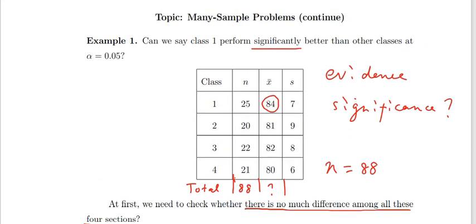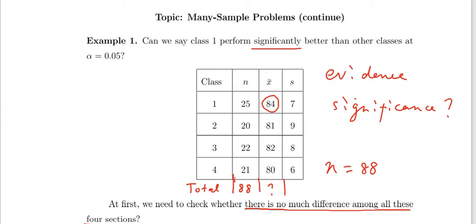So we can answer the question: can we say class 1 performs significantly better than the other classes? At this level, we say no. Class 1's performance is quite the same as the other classes.